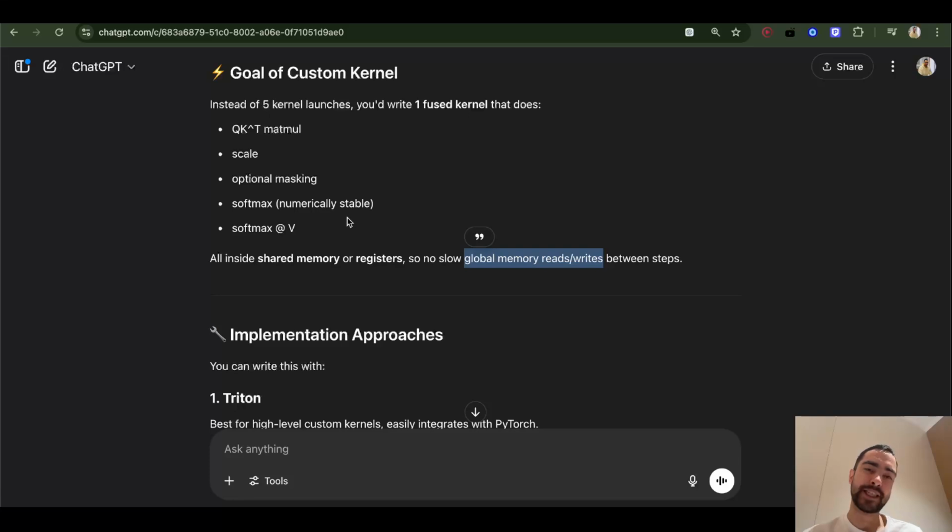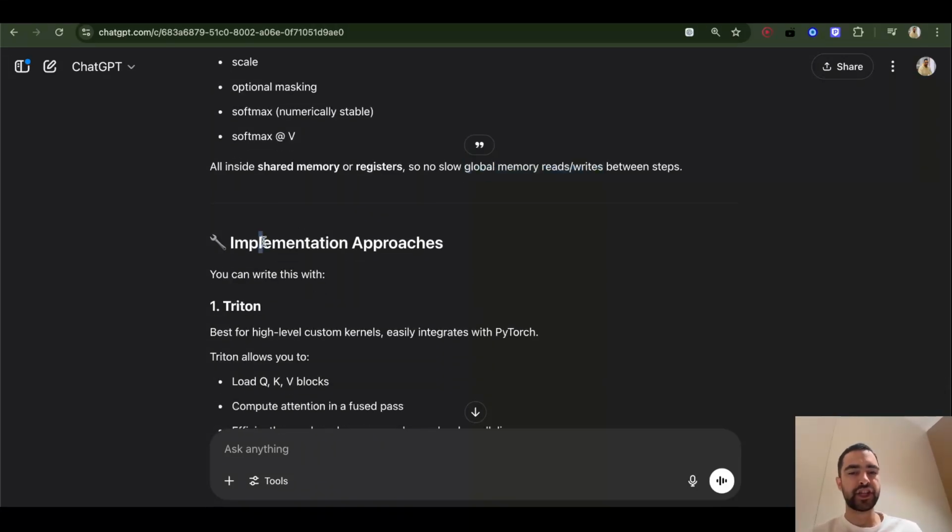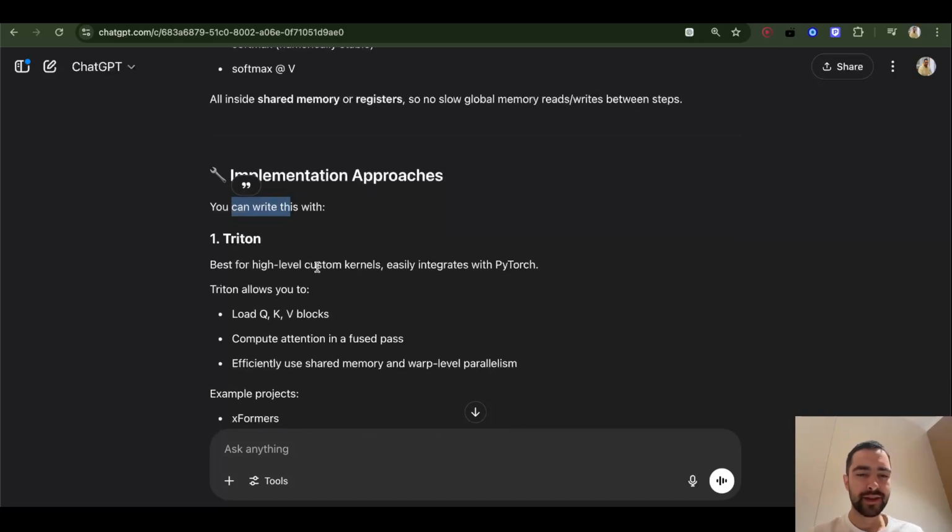If you have fast computation, then memory reads and writes and sending the memory can be the bottleneck. Implementation approaches: you can write this with Triton, best for high-level custom kernels, and it easily integrates with PyTorch.